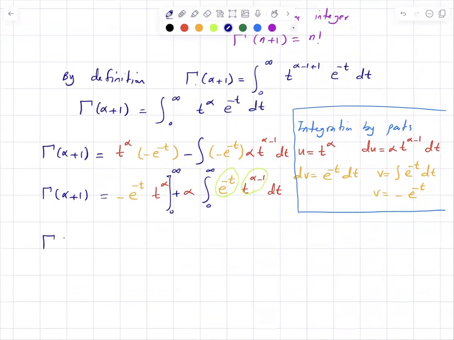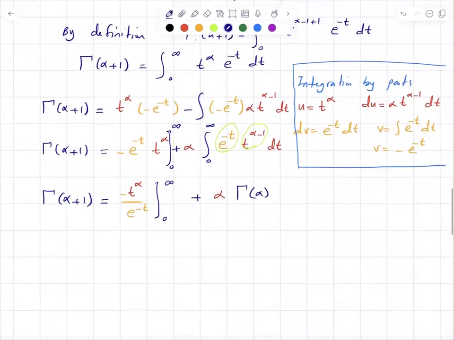So the gamma of alpha plus 1 is equal to, if you write this as t to power alpha divided by e to power negative t, put the negative in front, t to power alpha where t ranges between 0 and infinity. And please note that alpha is positive. Plus, here you have alpha multiplied by the gamma of alpha.